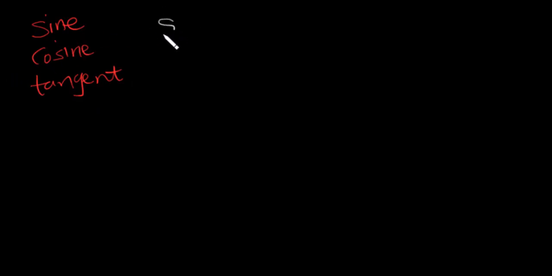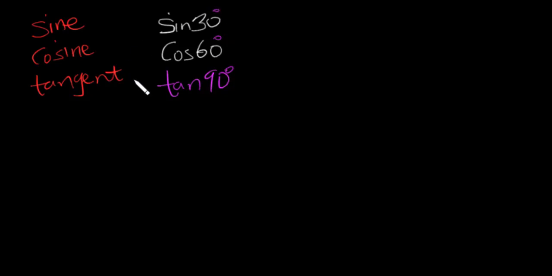For example, we can find the sine of an angle, say 30 degrees, the cos of, say, 60 degrees, or the tan of, say, 90 degrees. So basically we have sine, cosine, and tangent as the 3 trigonometric ratios. Alright, so now let us look at the question that we have to solve here.